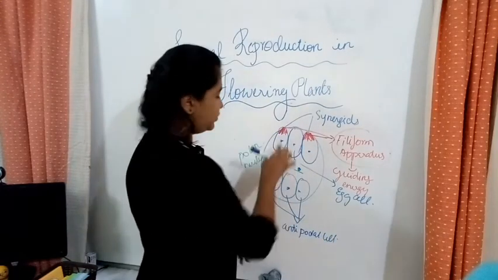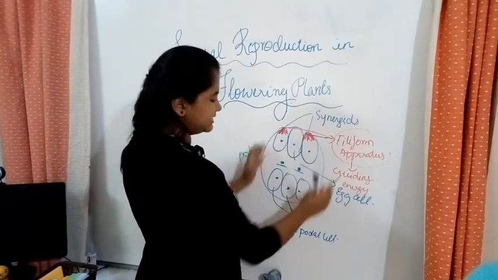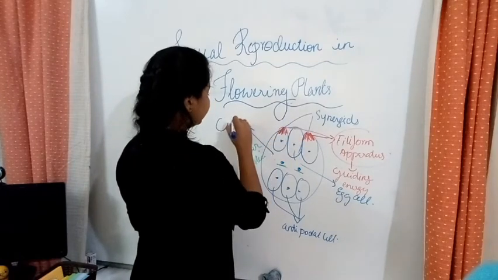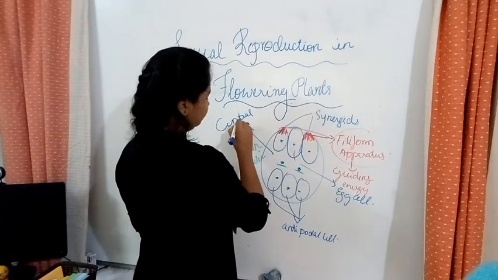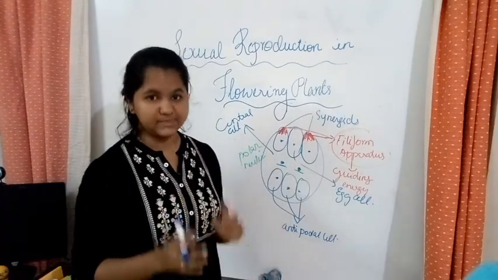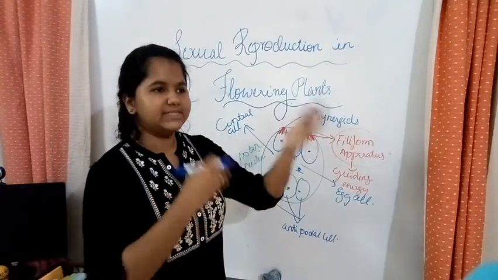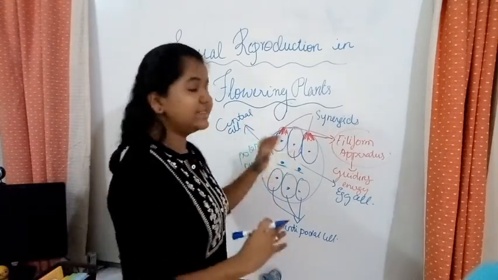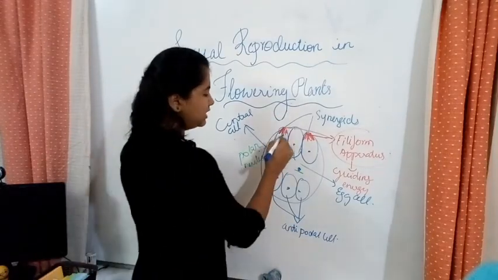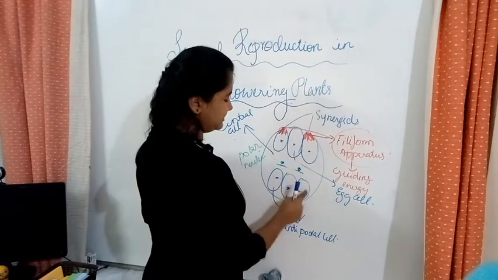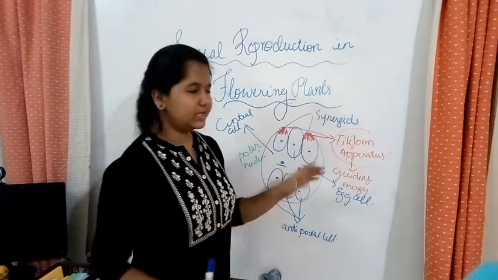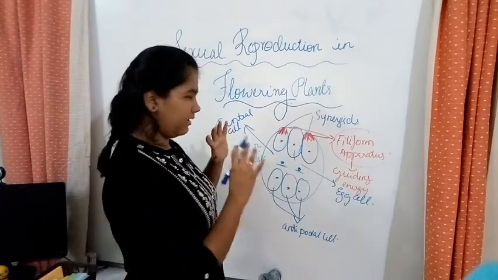Now we can see 1, 2, 3, 4, 5, 6, and this is the 7th cell, which is known as the central cell. The female gametophyte in most angiosperms is shown at this stage, known as the 7-celled, 8-nucleate stage: 7 cells, and the number of nuclei is 1, 2, 3, 4, 5, 6, 7, 8.